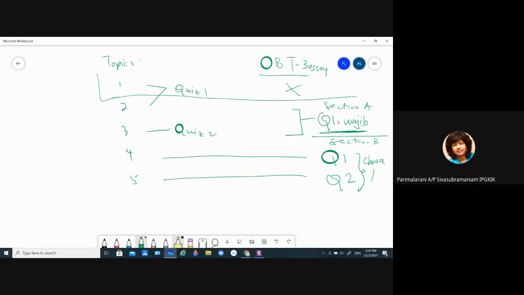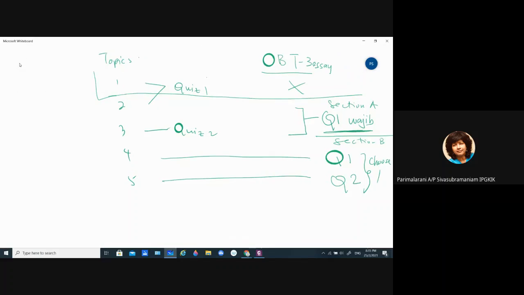If you look at this format, you only need to answer essay questions, so you study according to that. You understand what I'm telling you? Yes, madam. Okay, so the exam is actually quite easy. Only 2 essay questions, that's all. So you can either focus and study selectively, or you study all. But topic 1, no need to study anymore.